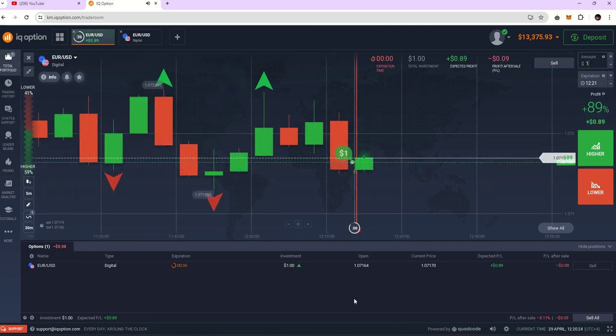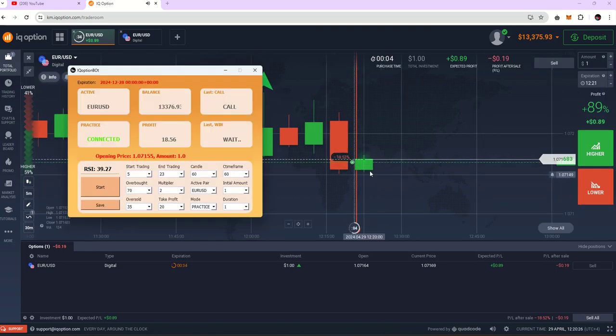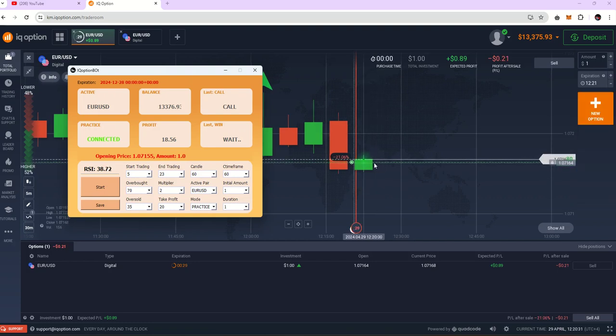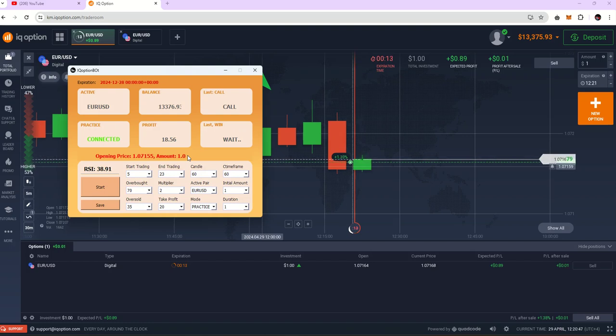So it's opening another trade again, here for 1 minute. Let's see how the trade goes. The amount is one. The best setting is 5 minutes.